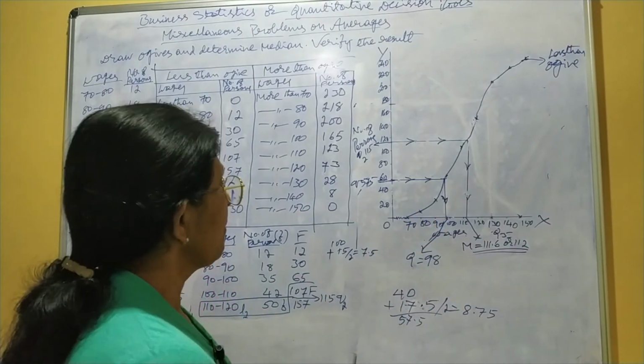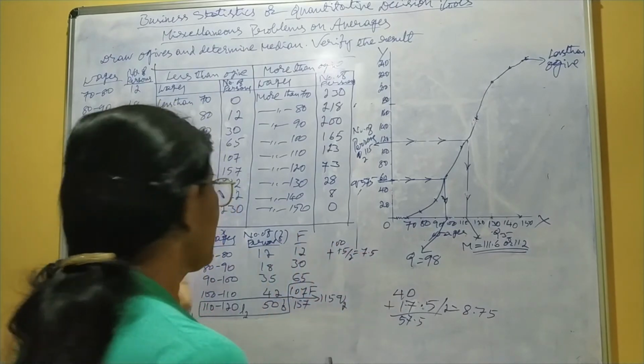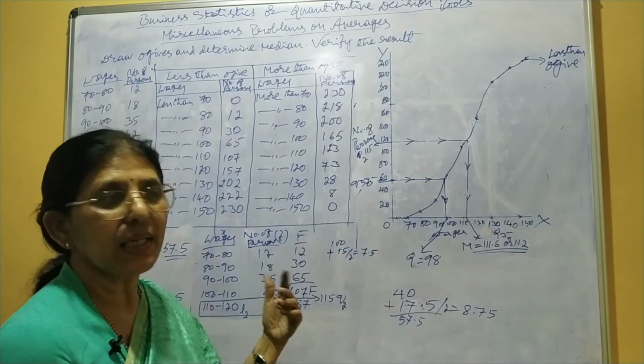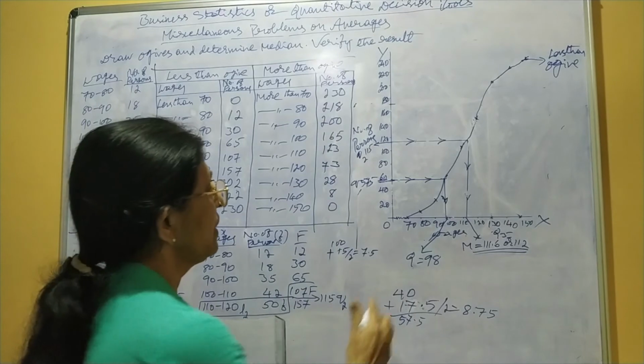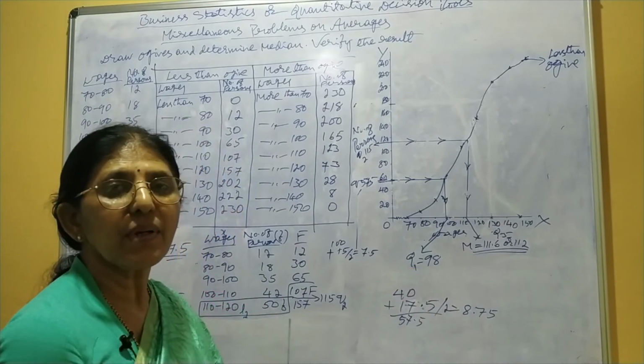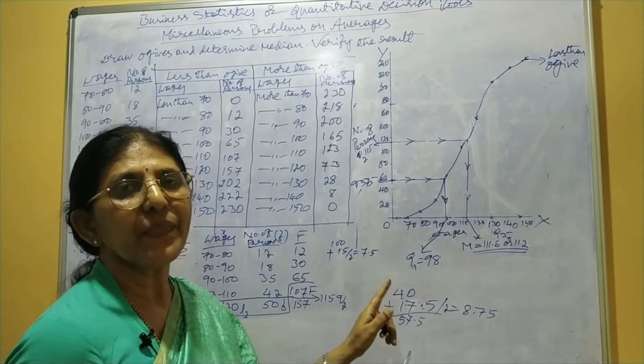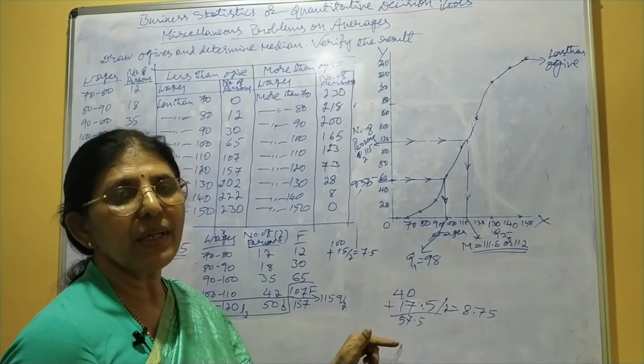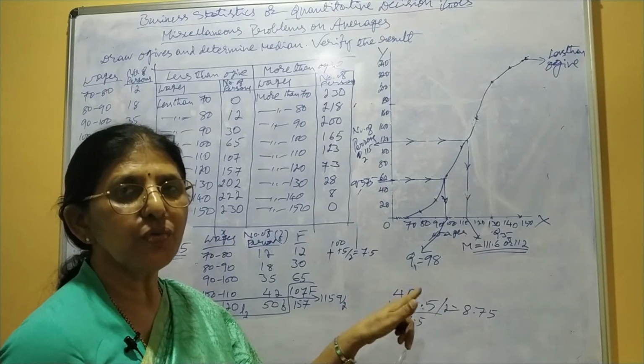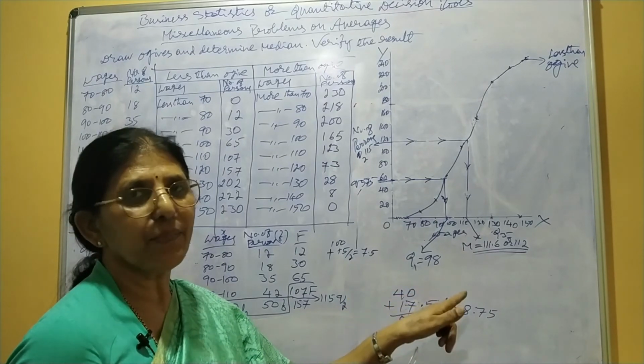Okay. Now what we have to do is, like the median, how we calculated it algebraically, for Q1 also you have to apply the algebraic formula, that is Q1 equals L1 plus (L2 minus L1) divided by F into (small q1 minus capital M).